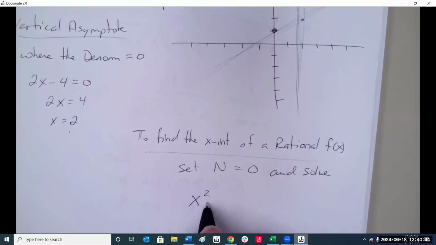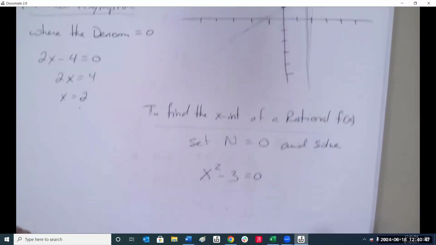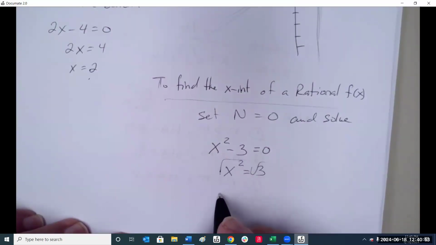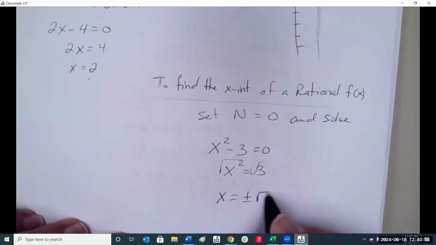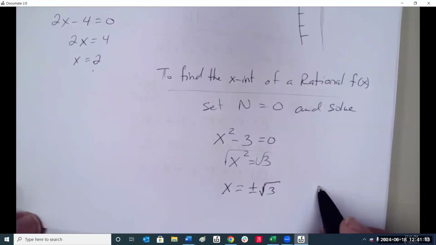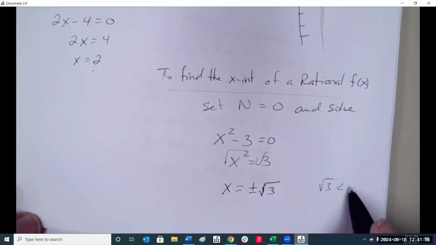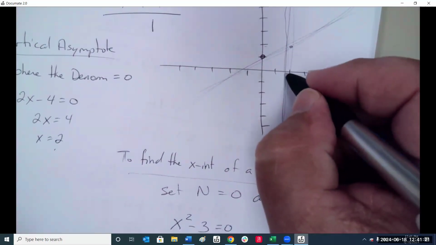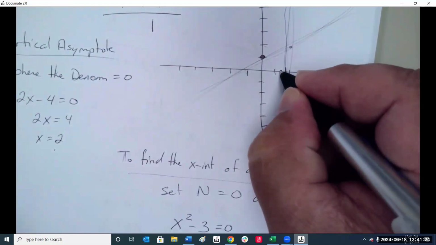So our numerator is x squared minus 3, set it equal to 0. Square root, so we have x equals plus or minus the square root of 3. So it crosses the x-axis at positive radical 3. Well, we know positive radical 3 is less than radical 4, which is 2. So it's over here. There's 2. So it crosses right there somewhere.